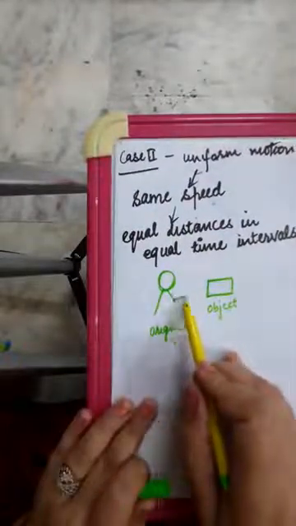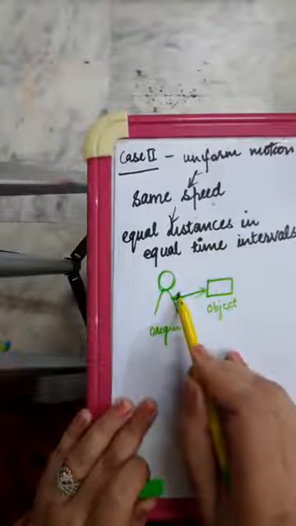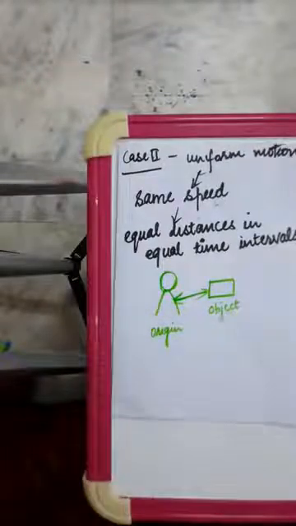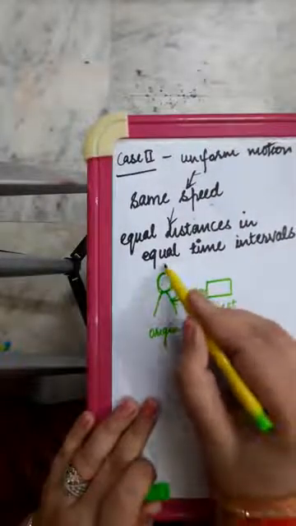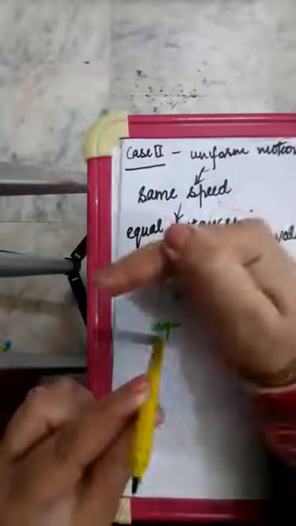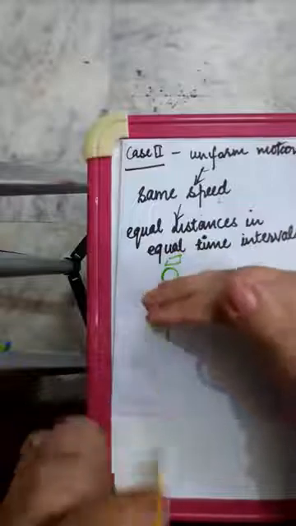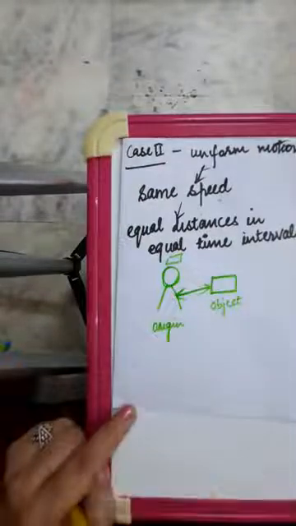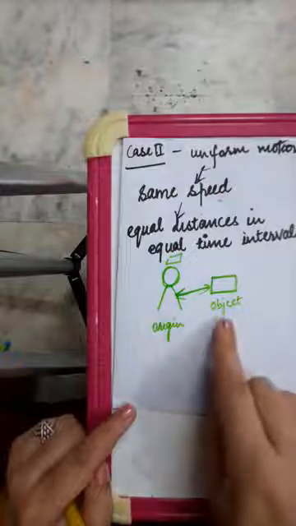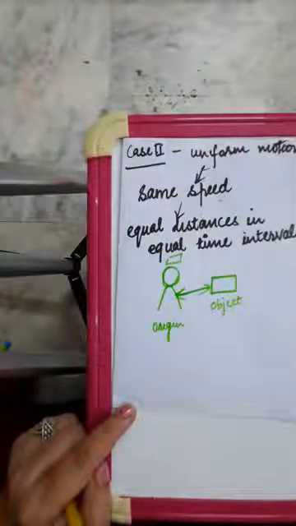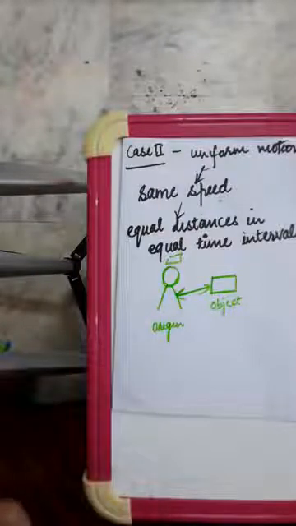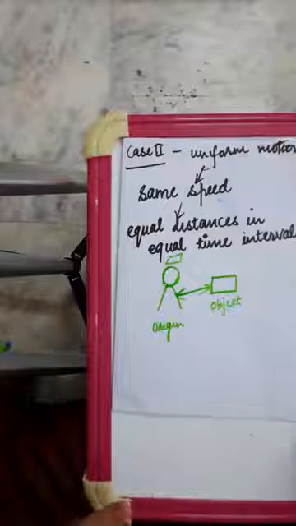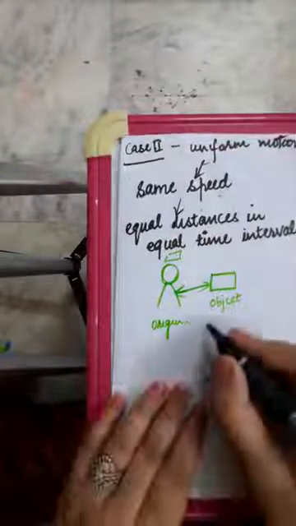If the object is initially lying few meters away from the origin, then the graph has a different shape. If the object is just here, like if this is the observer and this is the object, and they are not much separated, then in that case the graph has a different shape. If the object was previously traveling, then the graph again has a different shape.